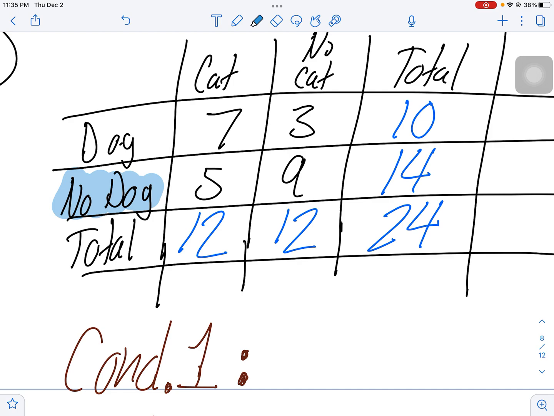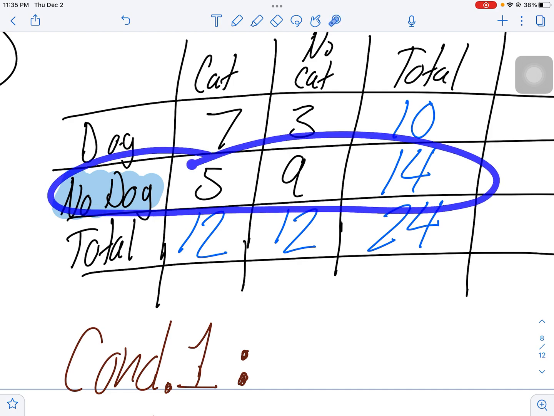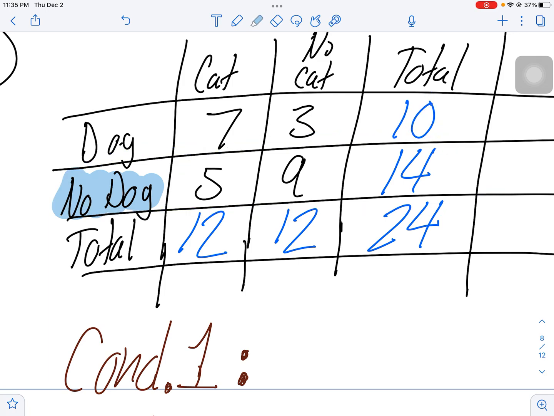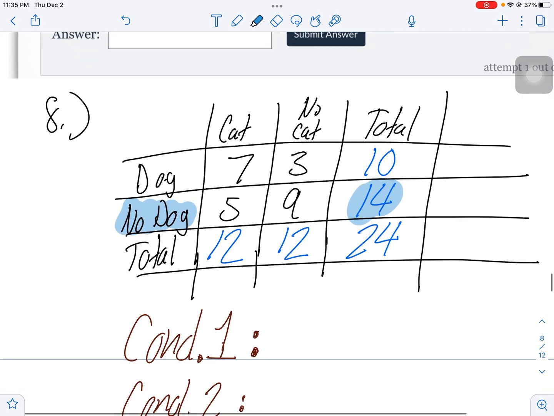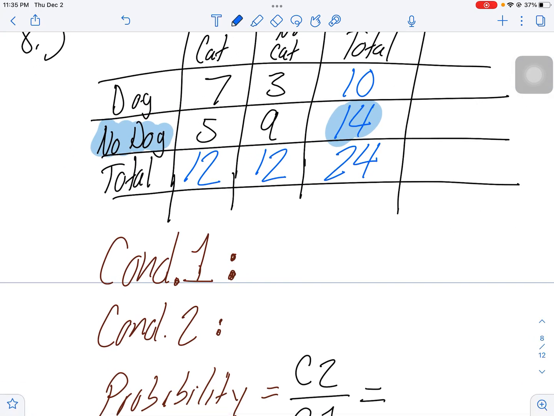No dog. And how many total have no dog? 14 don't have a dog. Right? So that is our first condition. No dog, and that is 14 people.